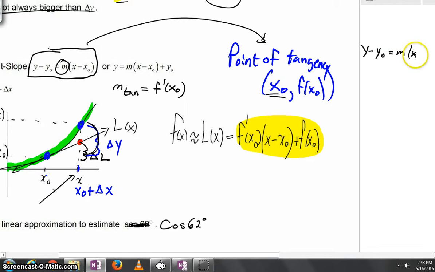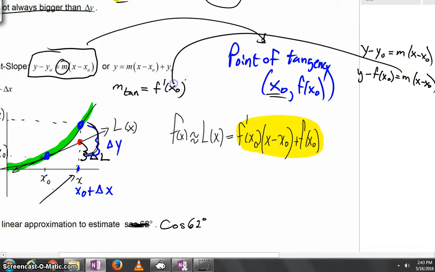You can say, well, here's my point slope form of a line. And what about your point of tangency? Well, you'd have y minus f of x naught equals m times x minus x naught. But the m we just talked about a second ago is really the derivative, so that's your f prime of x naught. And wow, right now, guys, one little thing.